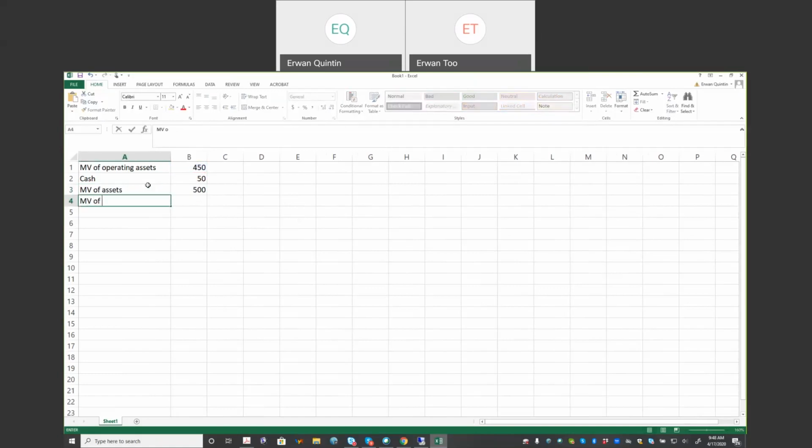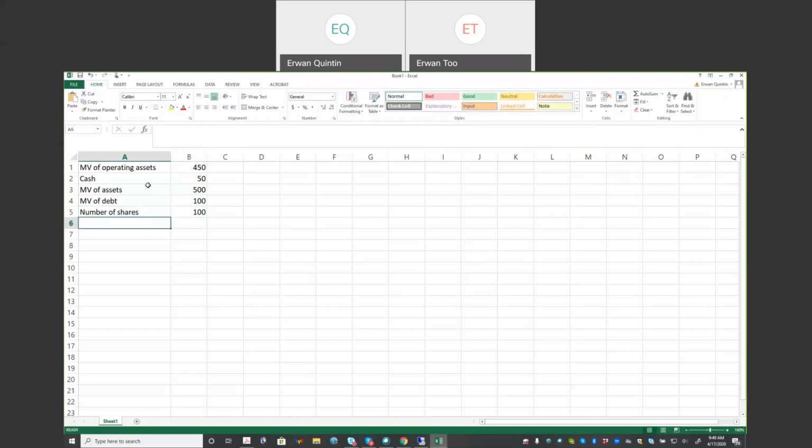And then the corporation is going to have some debt. Really, it does not matter, as we will see, whether or not you have debt. Dividend irrelevance is not going to matter. And the market value of that debt is going to be 100. And then we're going to say that this is a corporation that has exactly 100 shares outstanding. So the number of shares is going to be 100.